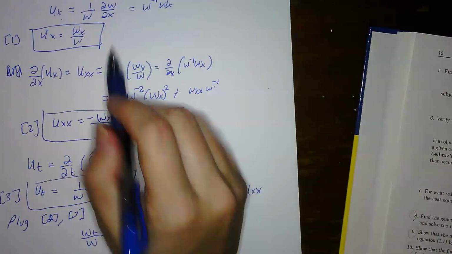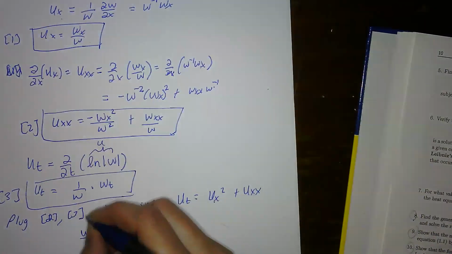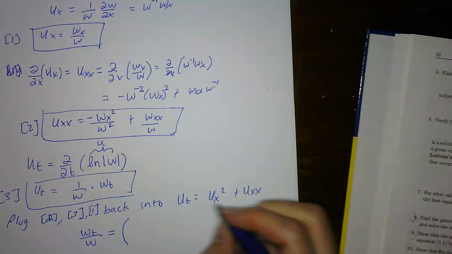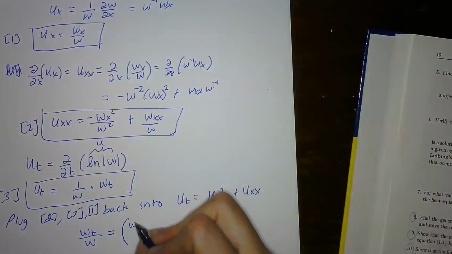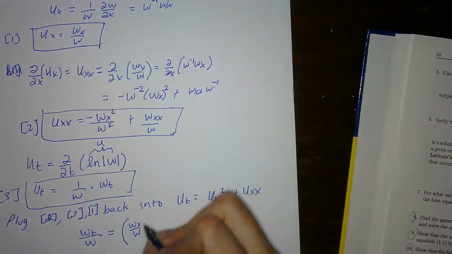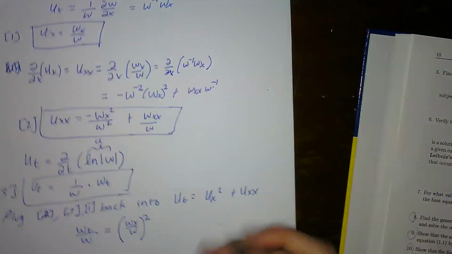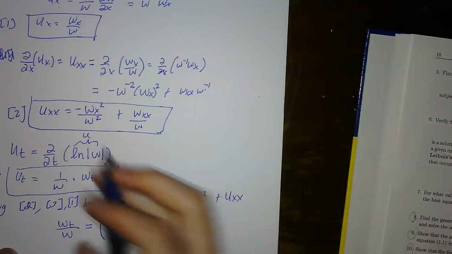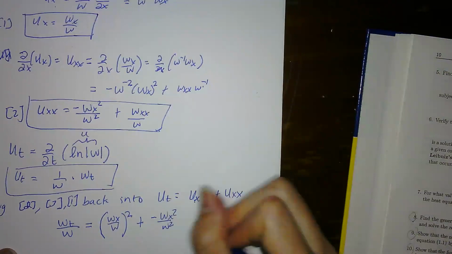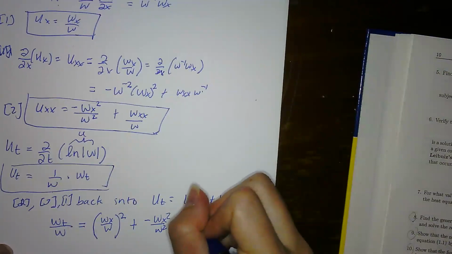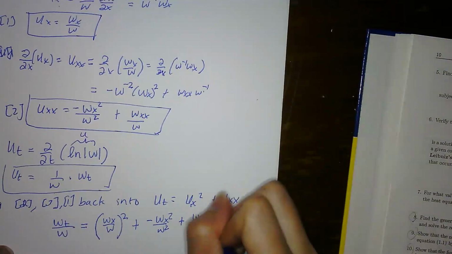So we look up here, u sub x squared, so w sub x over w. So that's that, and then we square that because that's squared there. And then we can add this term here as well. So we end up with w sub x squared over w squared, and then we say plus w sub xx over w.